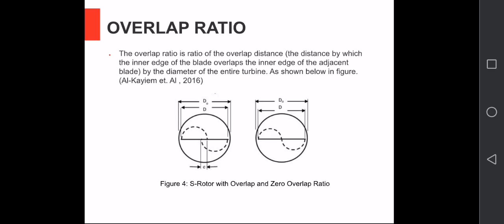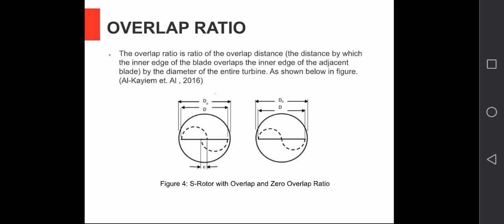Overlap ratio is the ratio of the overlap distance, E, to the diameter of the entire turbine, D. So E over D is your overlap ratio. In the figure below, the left side denotes an S-rotor with an overlap ratio, and the right side denotes an S-rotor with zero overlap ratio.